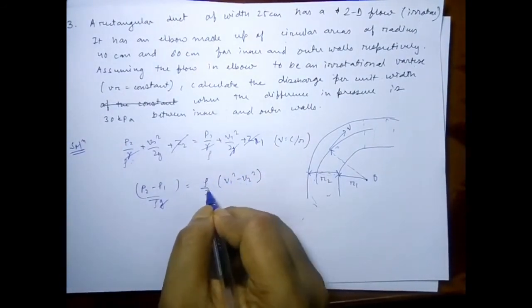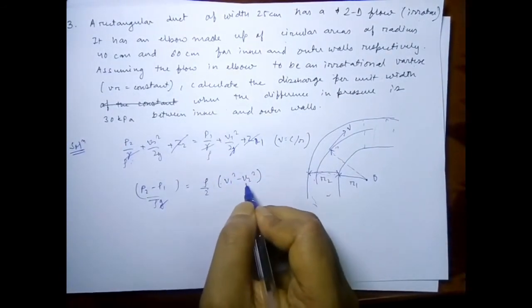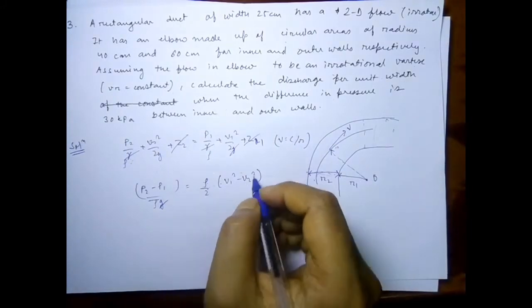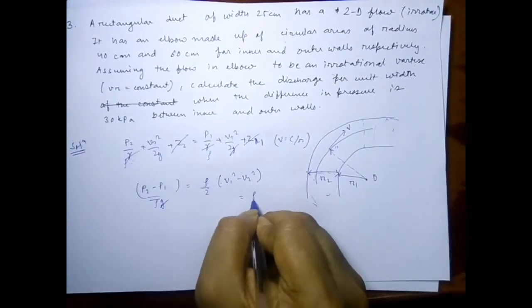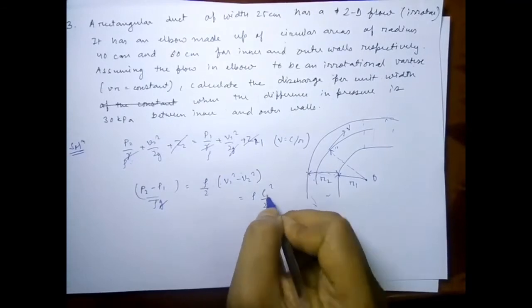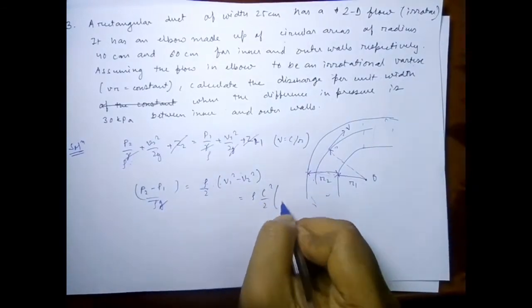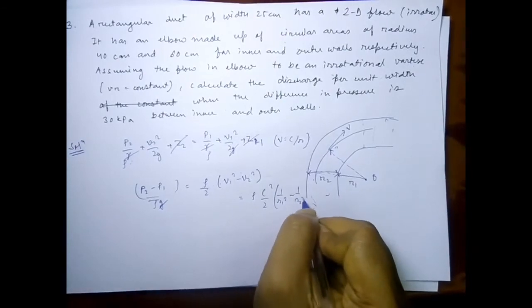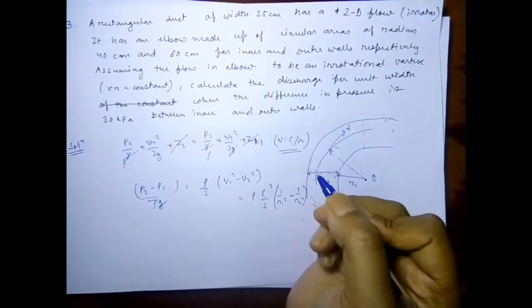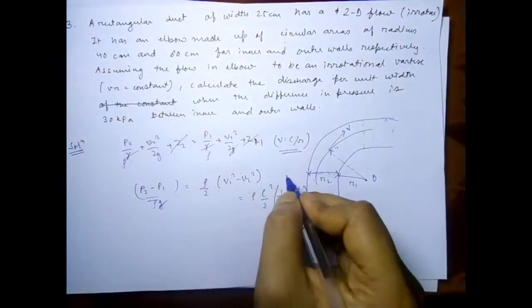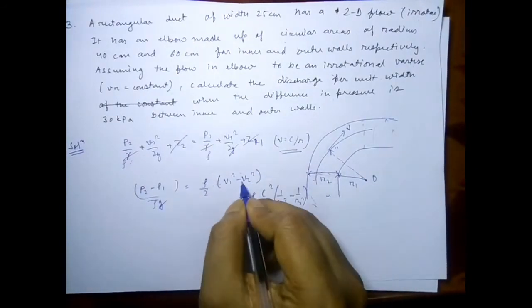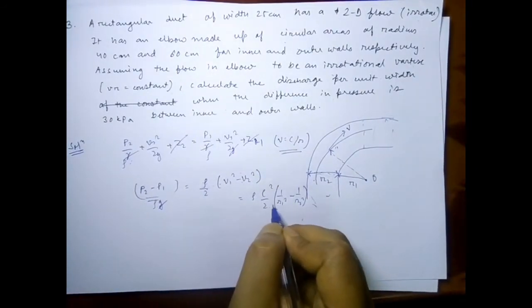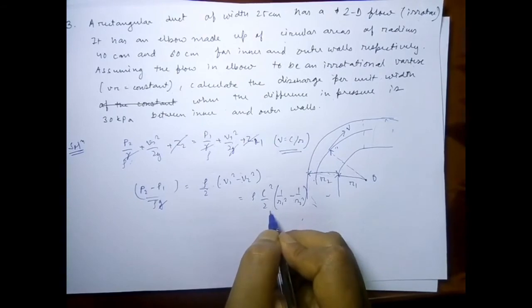So I will just multiply rho on this side and it will be V1 square minus V2 square, and that is also equal to rho times C square upon 2 times (1 upon R1 square minus 1 upon R2 square), because V is equal to C upon R. So V1 will be equal to C upon R1 and V2 is equal to C upon R2. So this equation will come in this form.